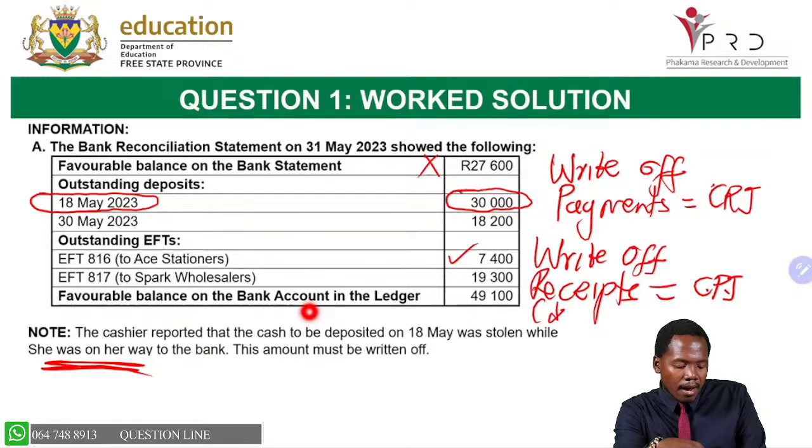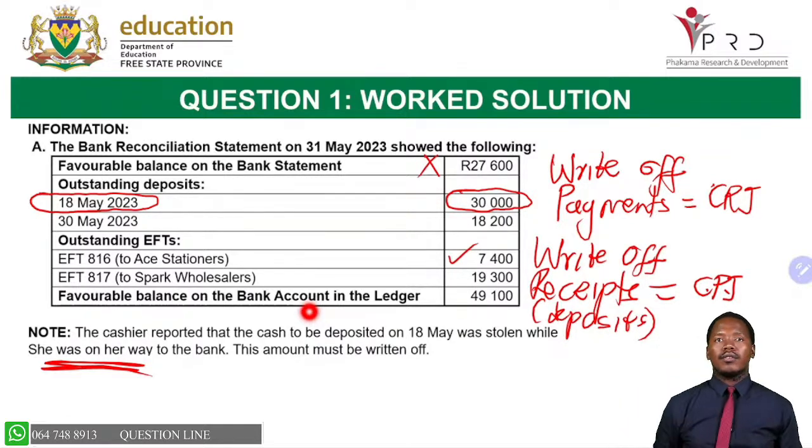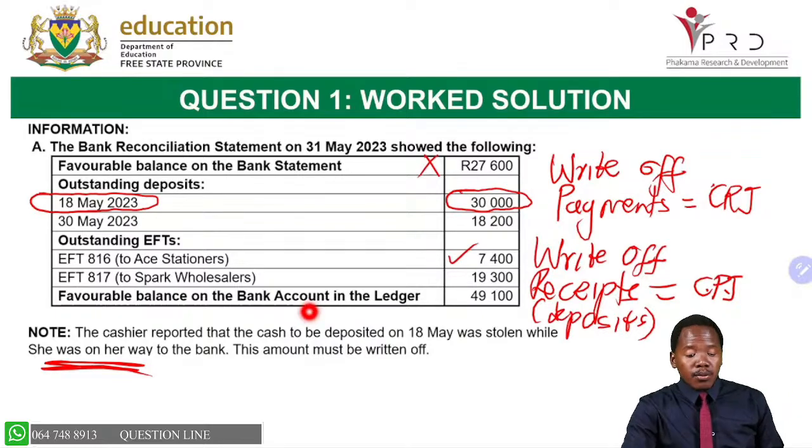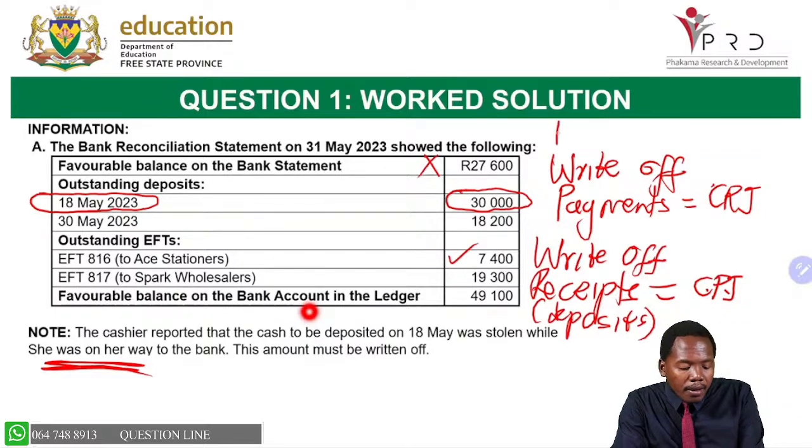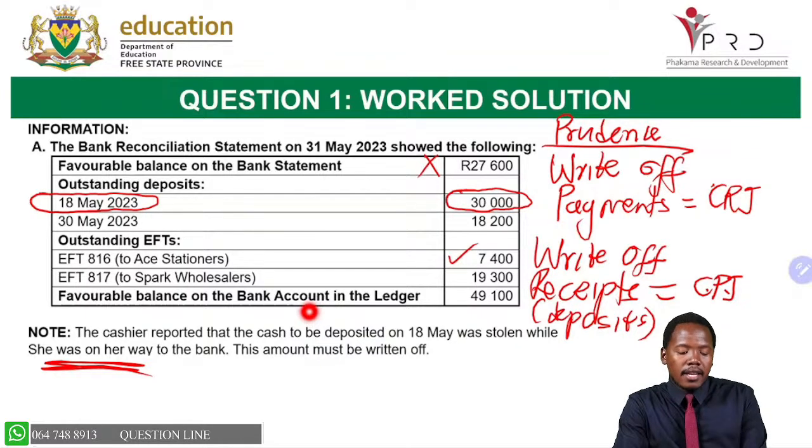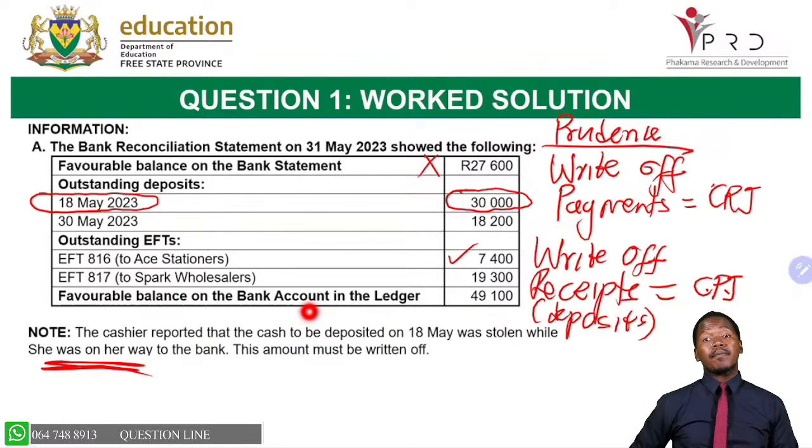When I say receipts, I'm also referring to the deposits. Okay, now why must we write it off? We follow the principle of prudence. Remember, what does the principle of prudence say?